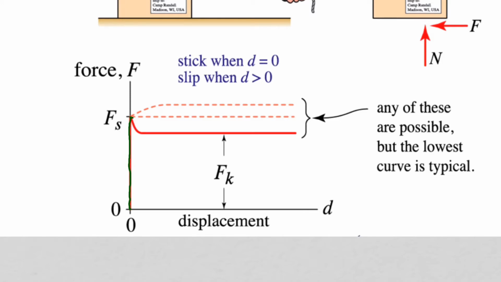We either get a situation where we have to continually add a little more force, or the force that we're at just lets it keep moving with that same force. But typically we see this situation here where all of a sudden it goes and then the force actually drops off. It's a little easier to push this object. But any one of these cases is possible.